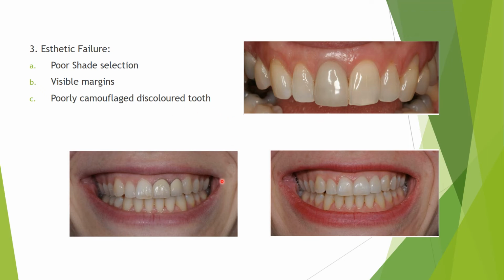So in the second image here, you can see that there are visible margins, and again poor shade selection. So you're not able to camouflage the tooth structure properly, right? Coming to an improved image, which is the right image, there you can see a perfect camouflage, perfect margin, perfect shade selection. All right.